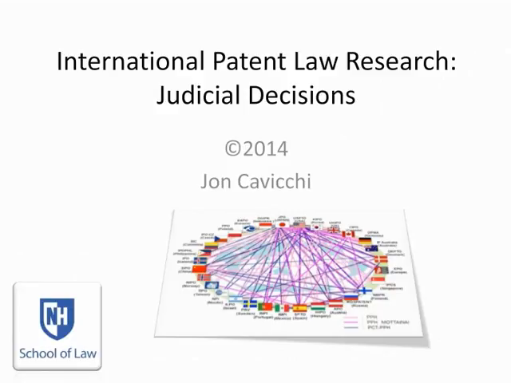Now we know from the initial discussion, the introduction, that there is an interrelationship between national and international patent research. And so likewise, this carries over into the discussion of judicial decisions.